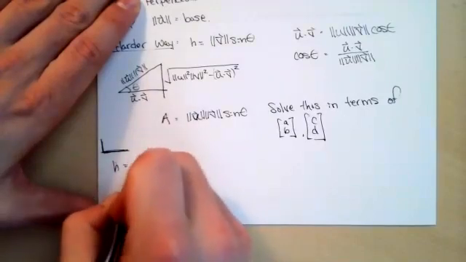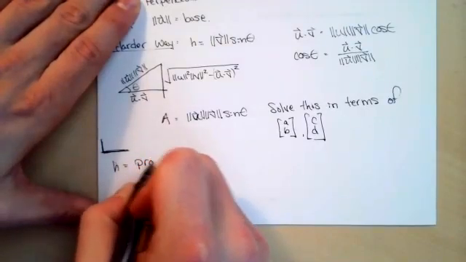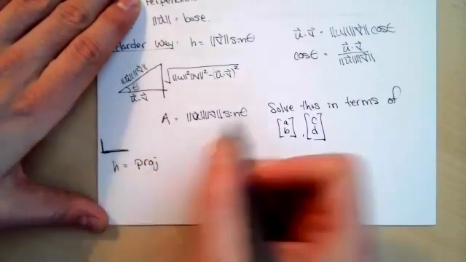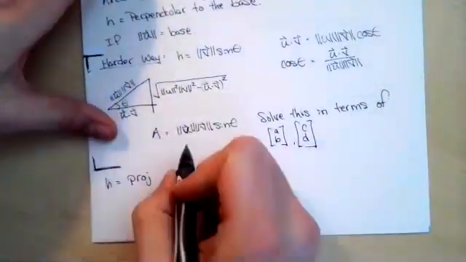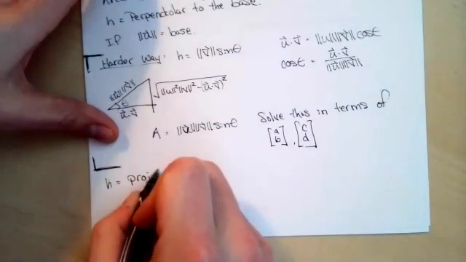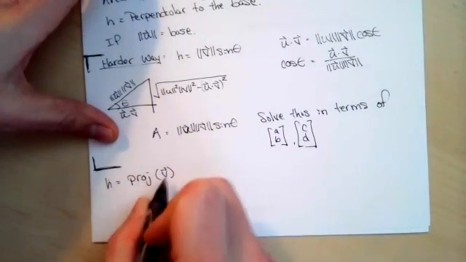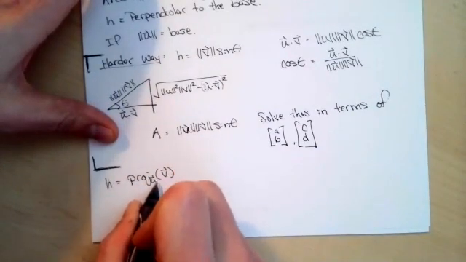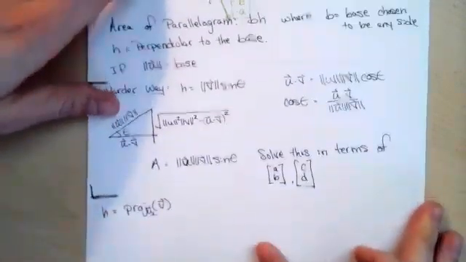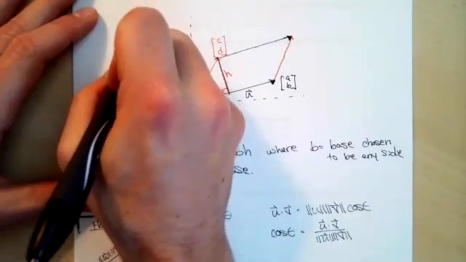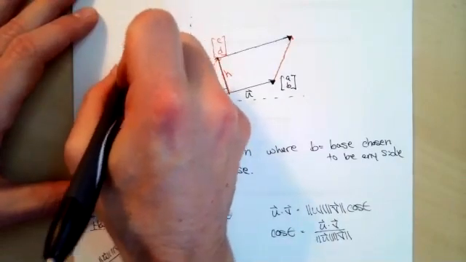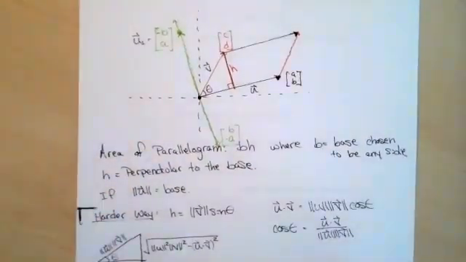H is the projection of V onto this perpendicular of U. So let's call this green vector U perp. Right?